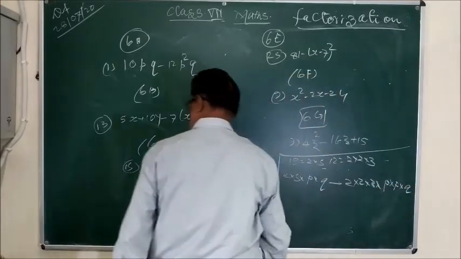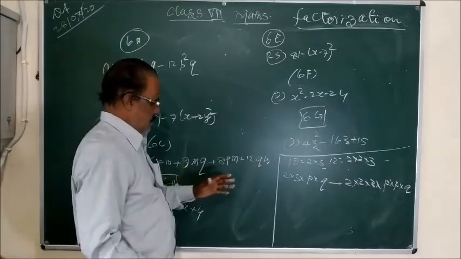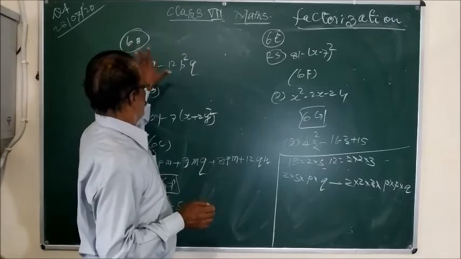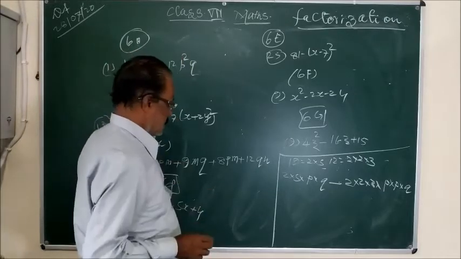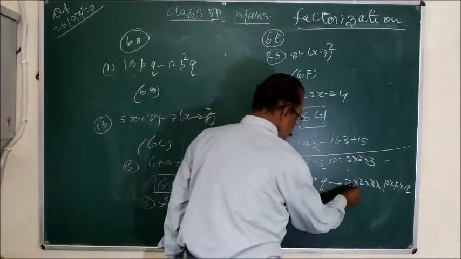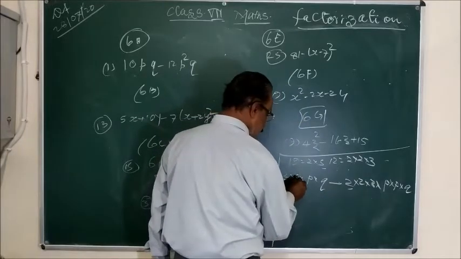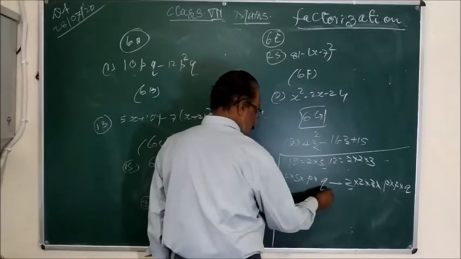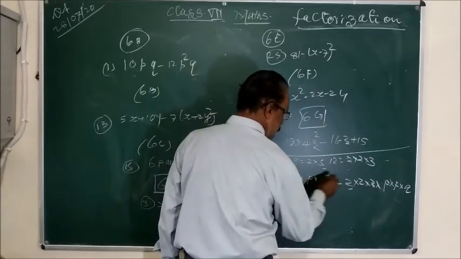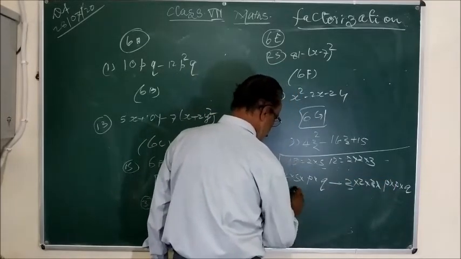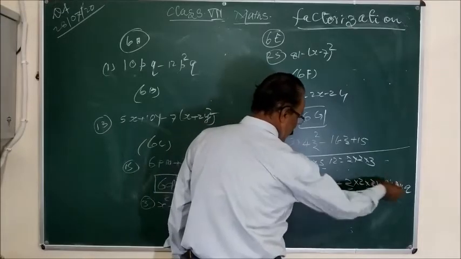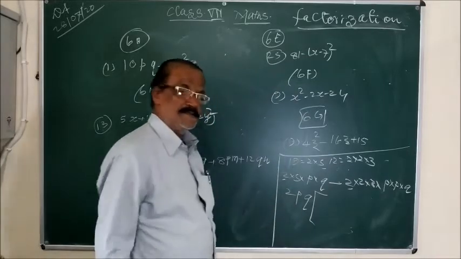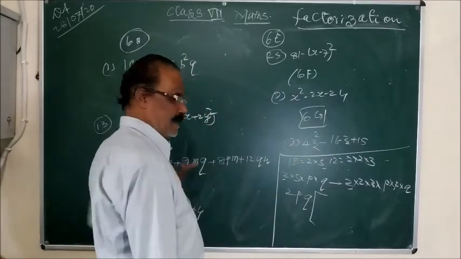Understand? Now we have split all the given terms. Now you see in the coefficients, 2 is here, 2 is here, 5 is here but not 5 here, so 2 will be common. Now you come to the variables: 1p here, 1p there, so 1p will be common, and 1q also. So 2pq is the common, you take it outside the bracket.